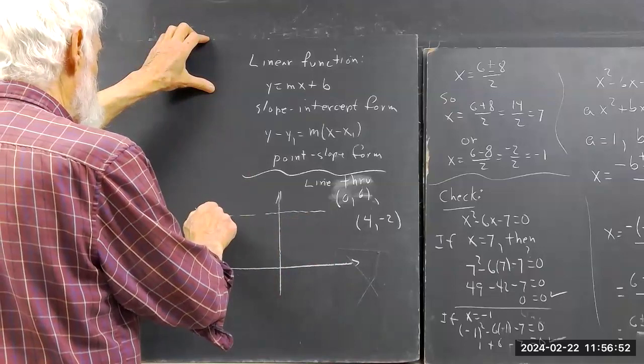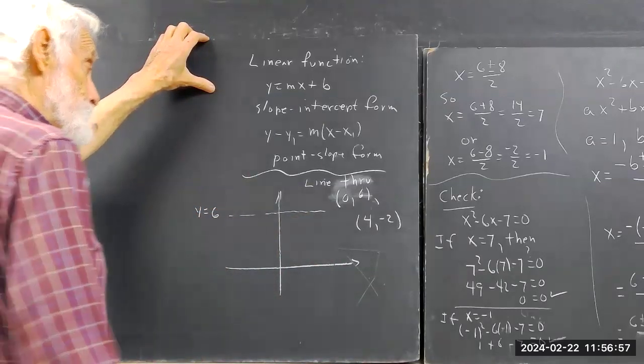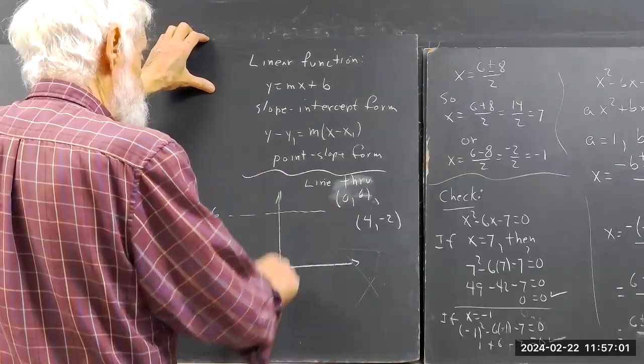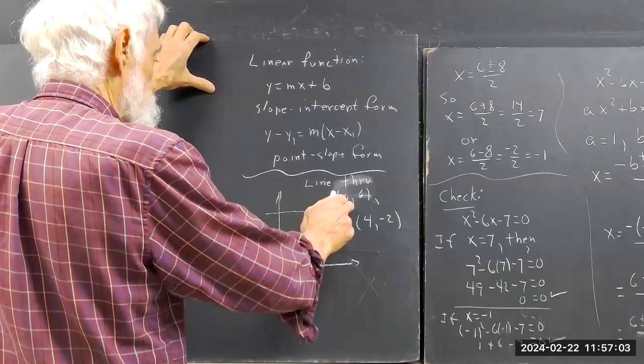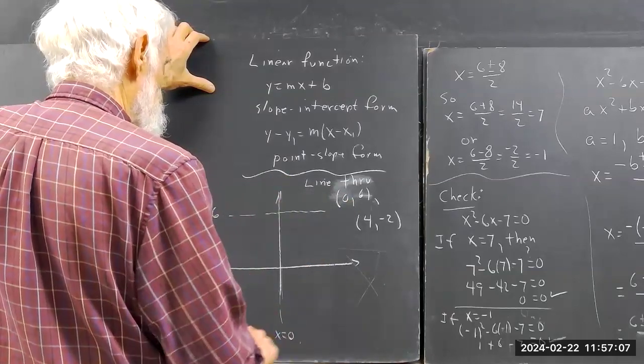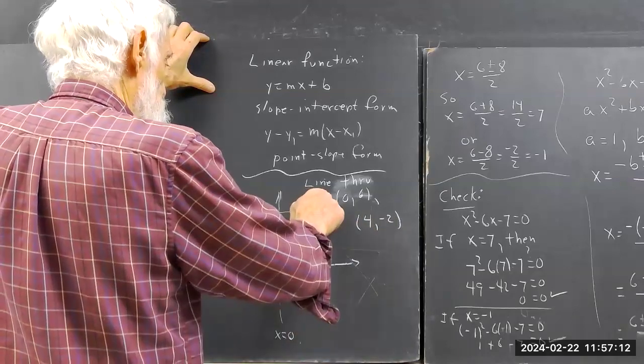I want you to sketch a line. For the point with y equals 6, x equals 0 is just your y-axis. We'll just say x equals 0 to remind ourselves. And then (4, -2): where do you want 4?